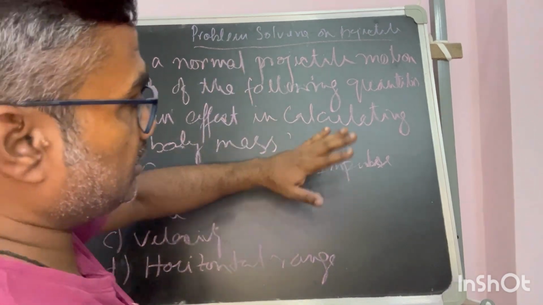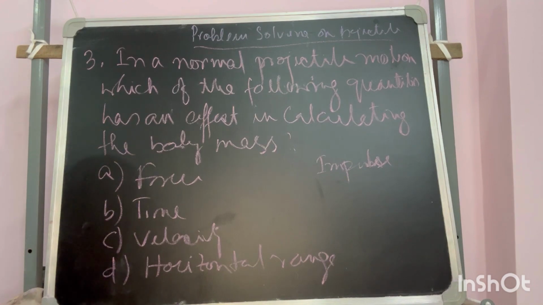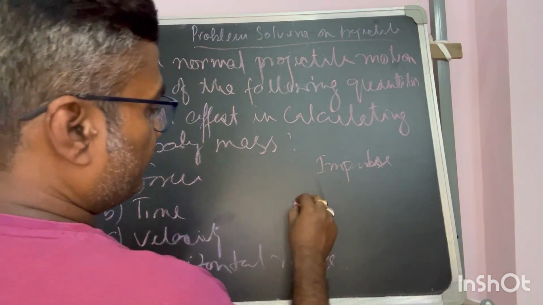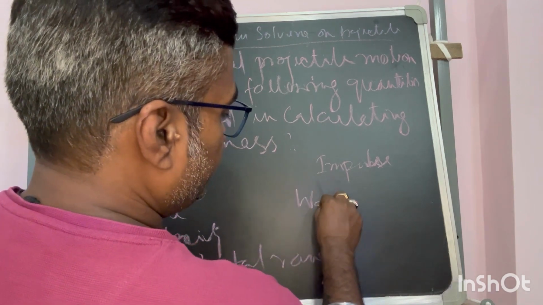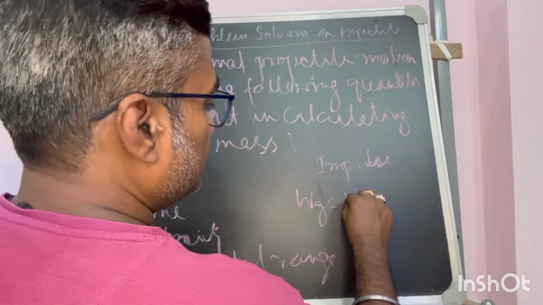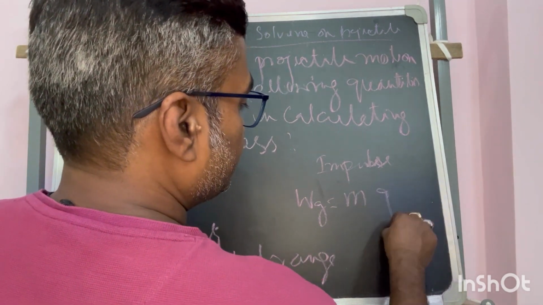So in that motion in between, except the gravitational force, no force is acting. The gravitational force is the weight of that mass. So the gravitational force is what? Mass into g.